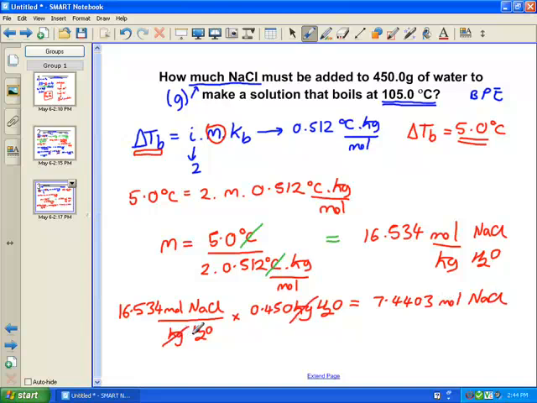And then the very last thing is just a conversion from moles to grams. So we have 7.4403 moles of NaCl. We're going to do just what we did last time.